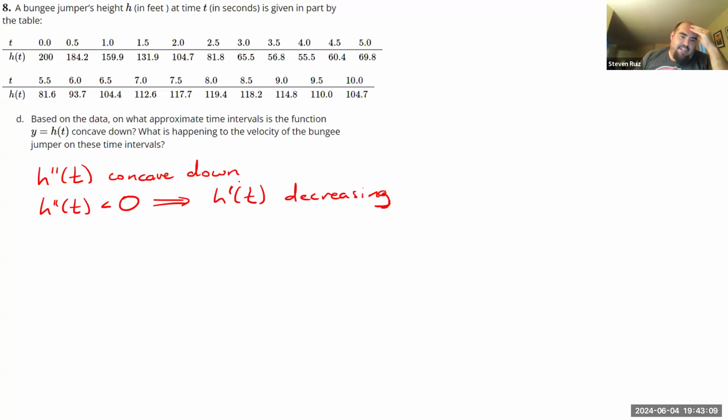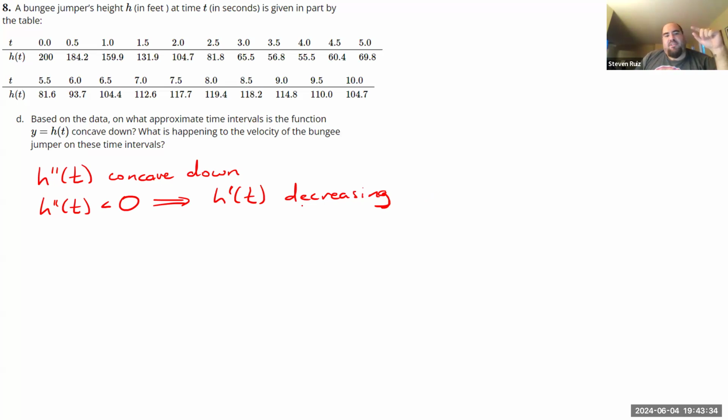So what does it mean if h prime of t is decreasing? Well, I think that means one of two things. Let's try to envision what's going on with this bungee jumper. We know that the velocity of this bungee jumper is decreasing, so I think that can present itself in one of two ways.